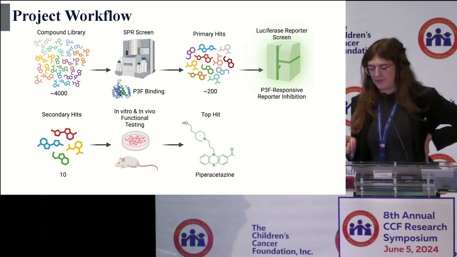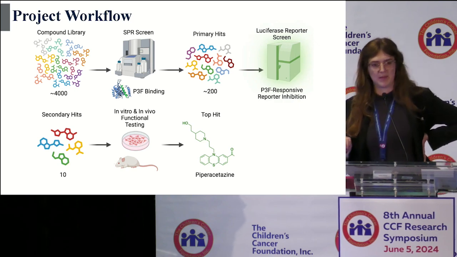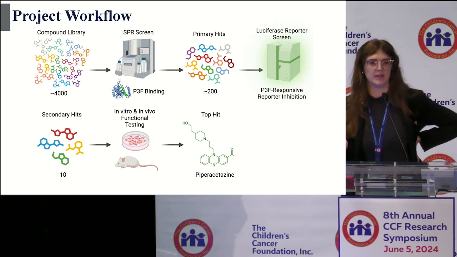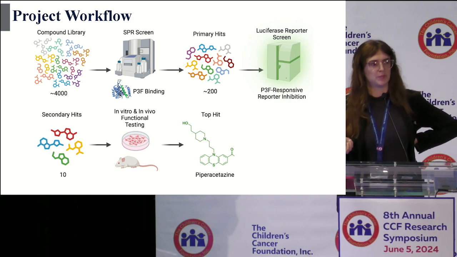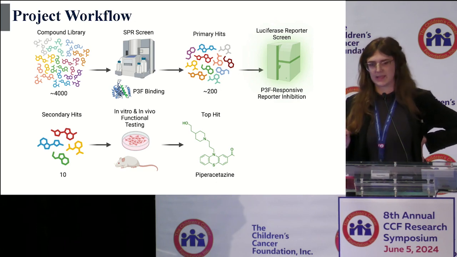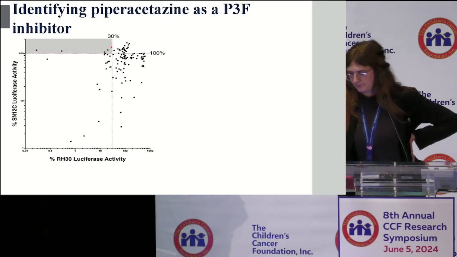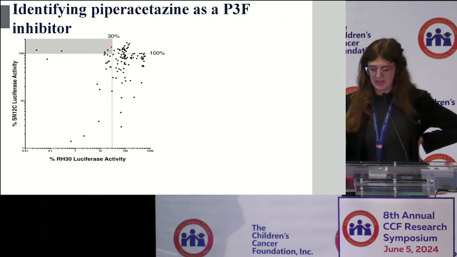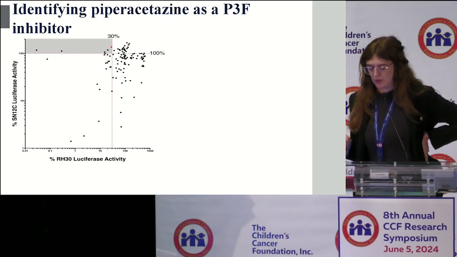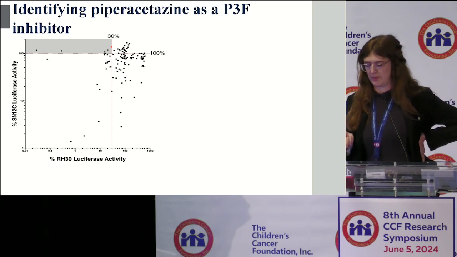We went on to do in vivo and in vitro functional testing, and we came out with our top hit, piperacetazine, which is a phenothiazine derivative that was actually FDA approved in the 1960s or 70s for the treatment of schizophrenia.